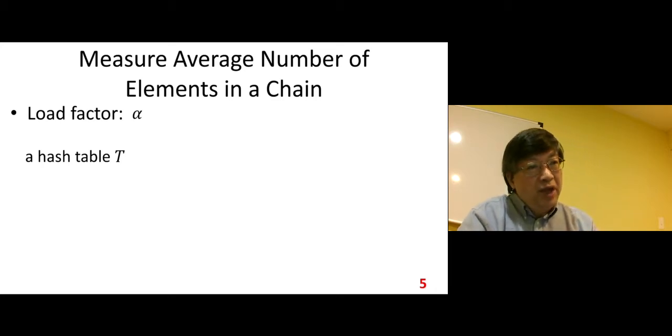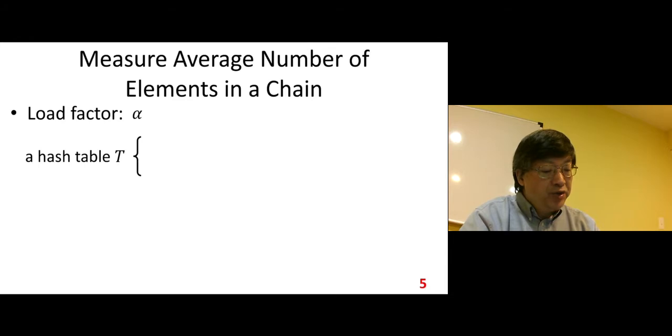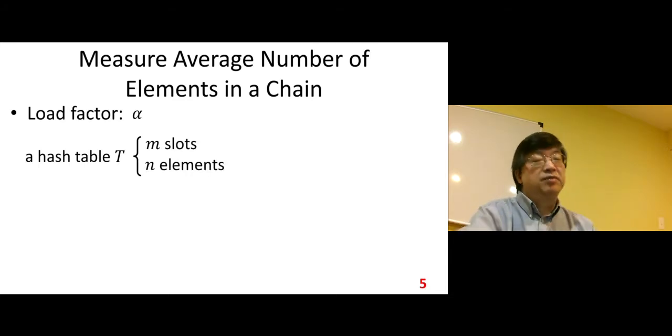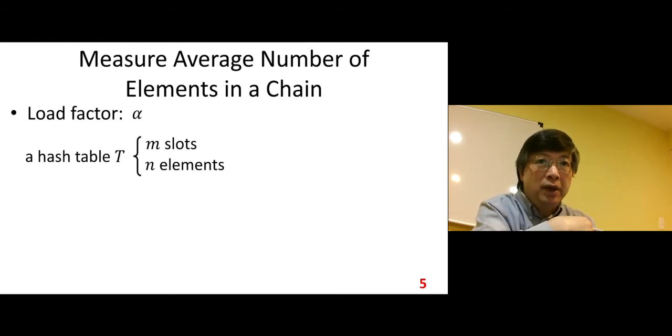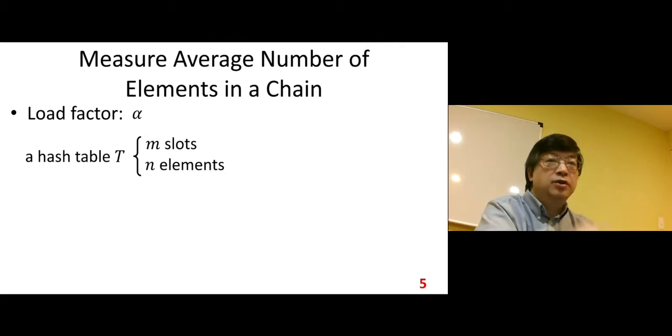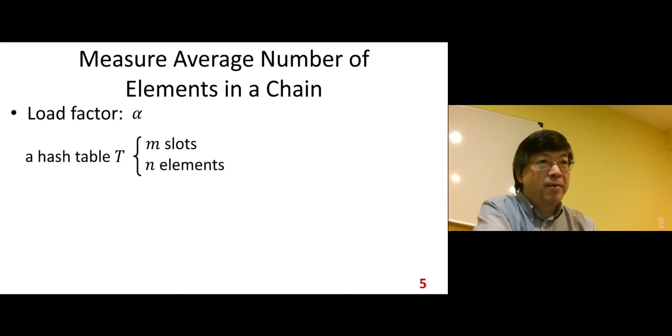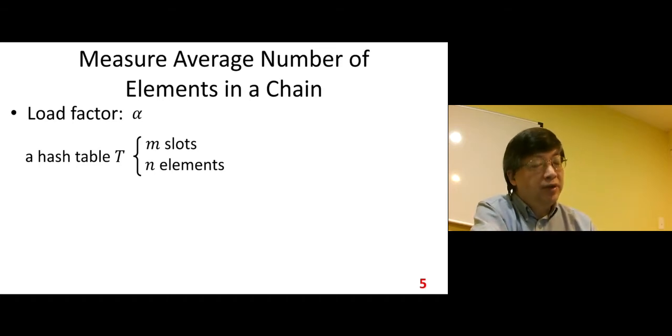For a hash table T, we assume there are m slots and n elements. So we need to distribute n elements into m slots. So we do a simple division.